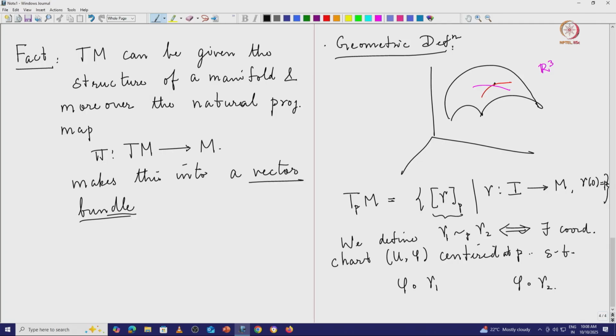Why the origin? Because each of these curves takes 0 to P, and P by this coordinate chart is sent to the point 0.